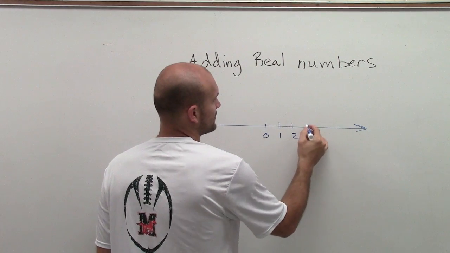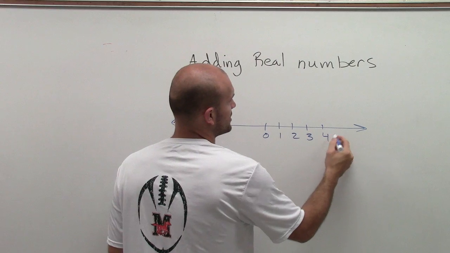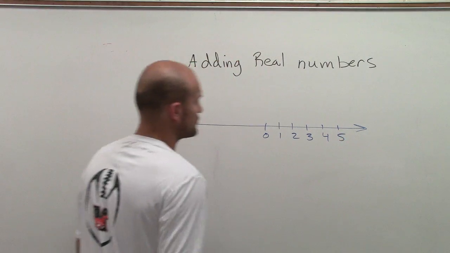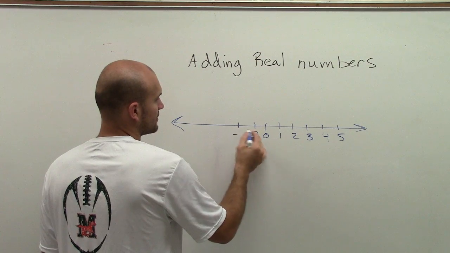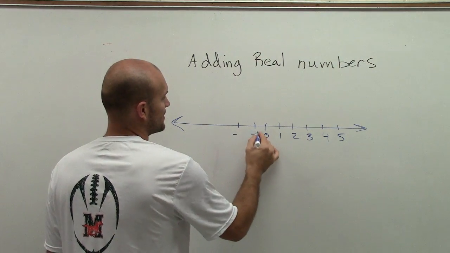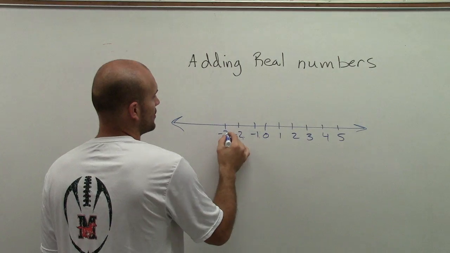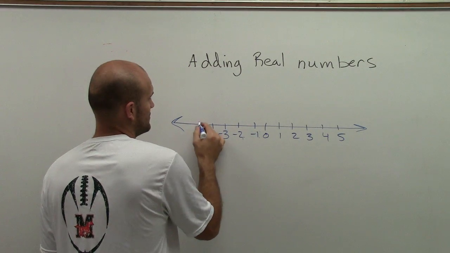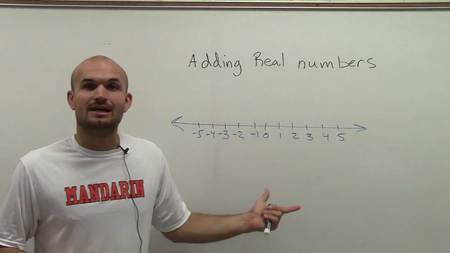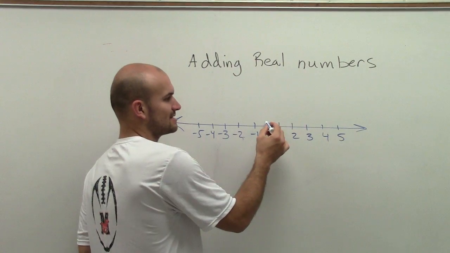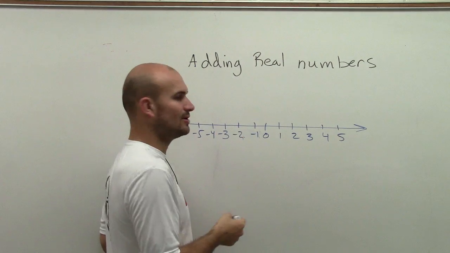They're positive because they're going in the positive direction. On the contrary, that's -1 obviously. When I have numbers going in the other direction, they're going to be negative. We get these numbers because they are the distance from our center point 0.